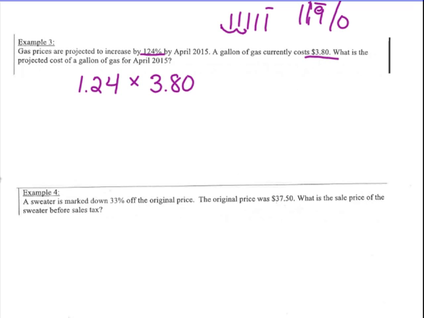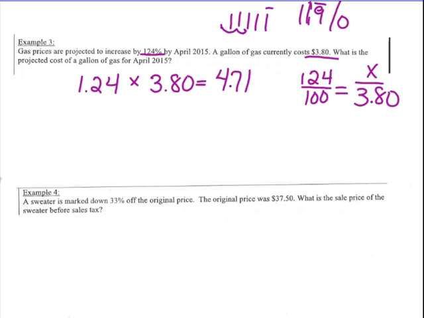Another way you could set this up, for those of you that remember the proportion, is 124 over 100 equals the new price over the old price, the original $3.80. You could do it as a proportion as well. I do it as a multiplication problem. It's going up by 124%. This is the way that I taught you. And that equals $4.71.